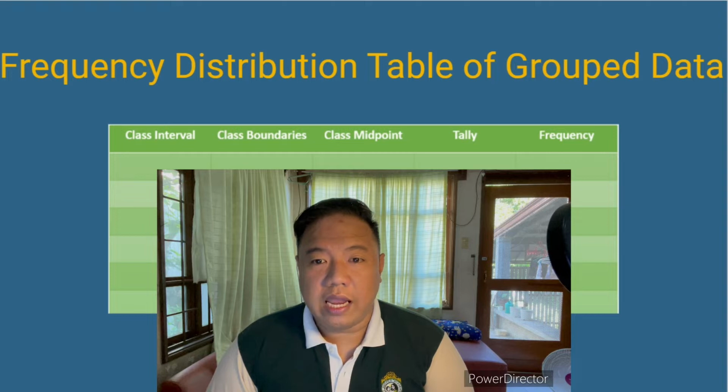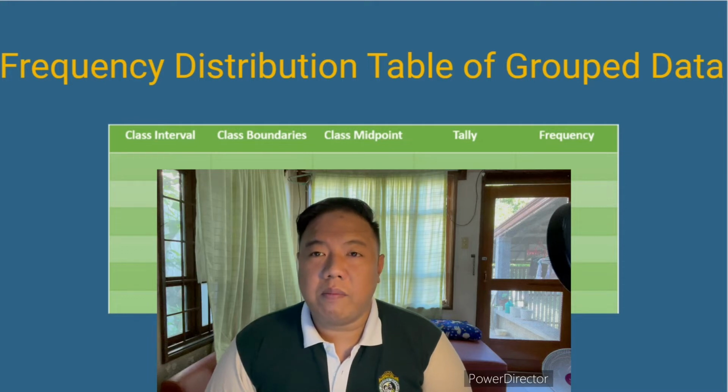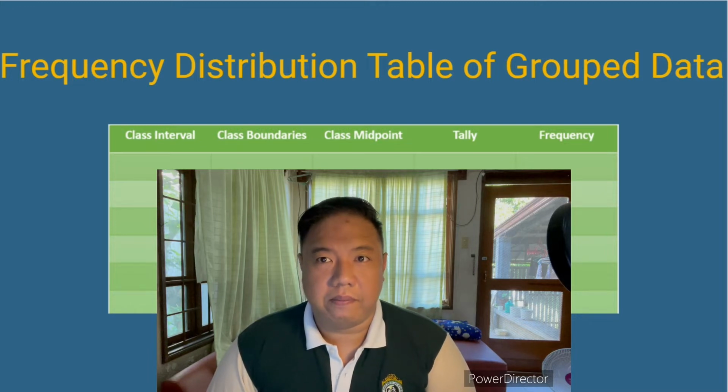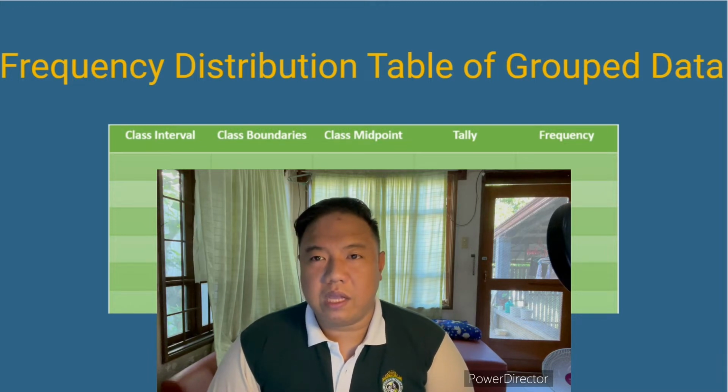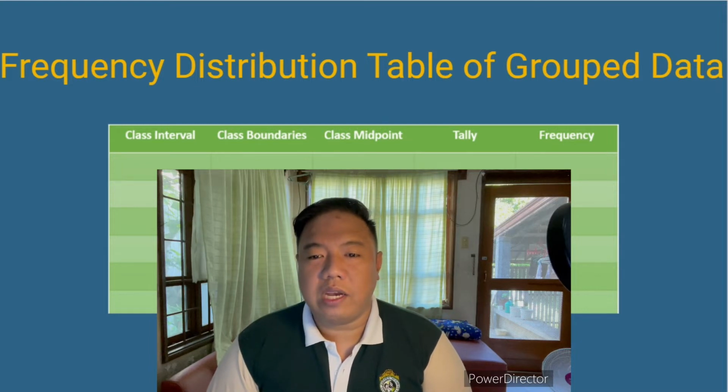The class width is the range divided by the number of classes. But for this one, the term is to round up. Kasi sinabi round up, basta may decimal ka, plus 1 agad. Okay? So, yun po yung mga kakailanganin natin na kailangan muna nating masolve. Then, saka natin magagawa yung ibang bagay.